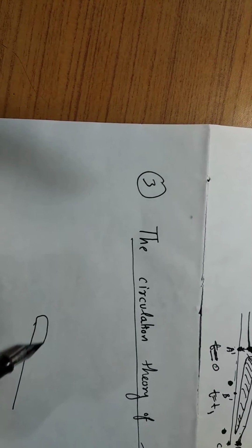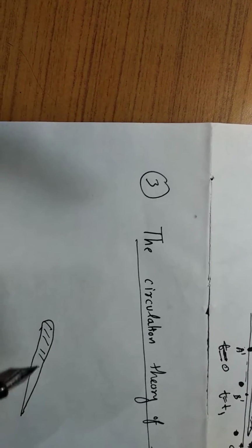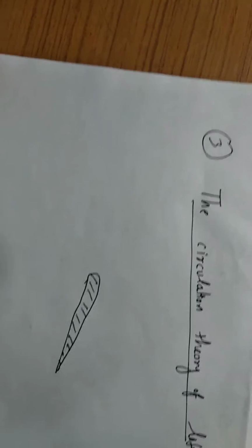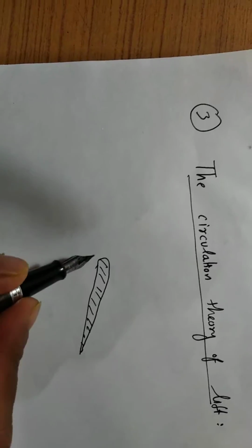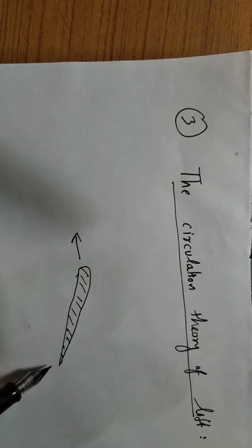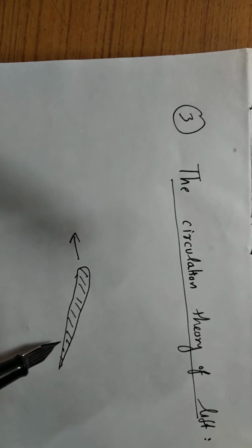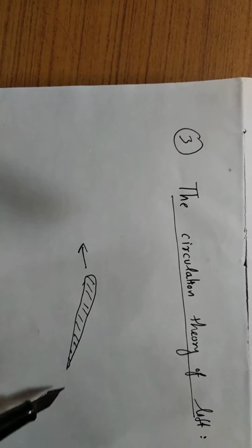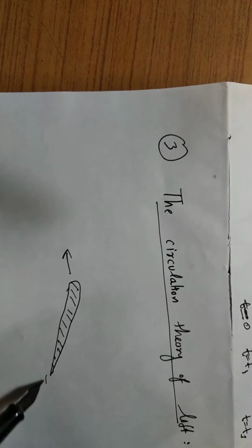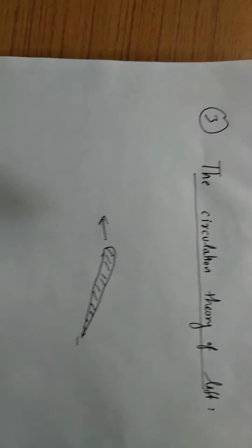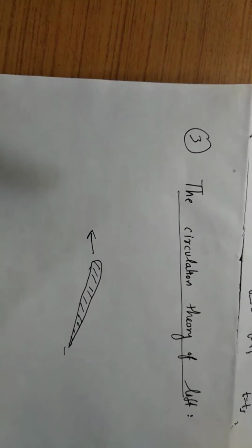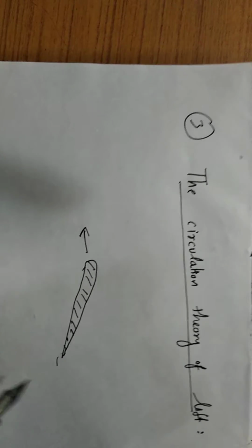So let us focus here on a wing profile which is at a finite angle of attack. So this is a wing profile and it is at rest. Now the point is that when it begins to start, there is a vortex generated here in the trailing edge. So let me first tell you what happens, and then I will explain why it happens.